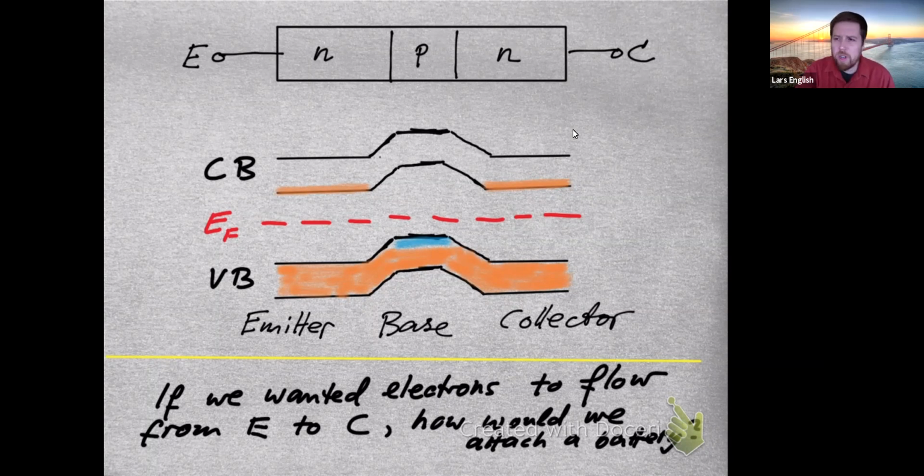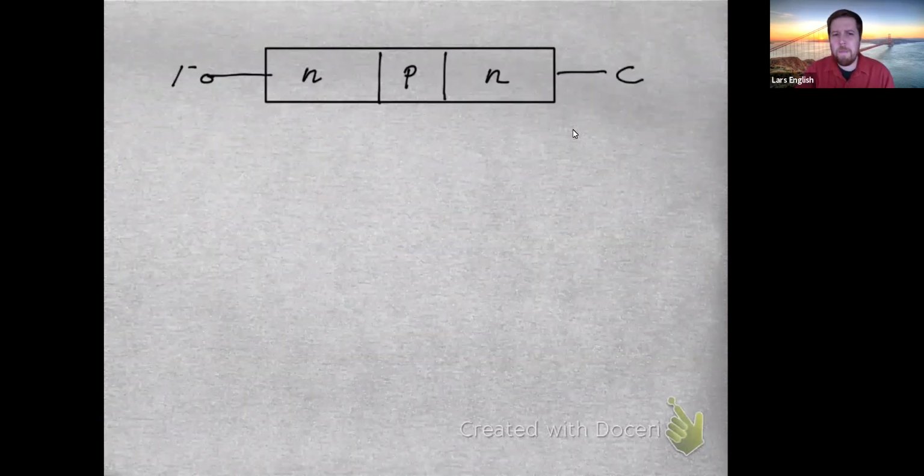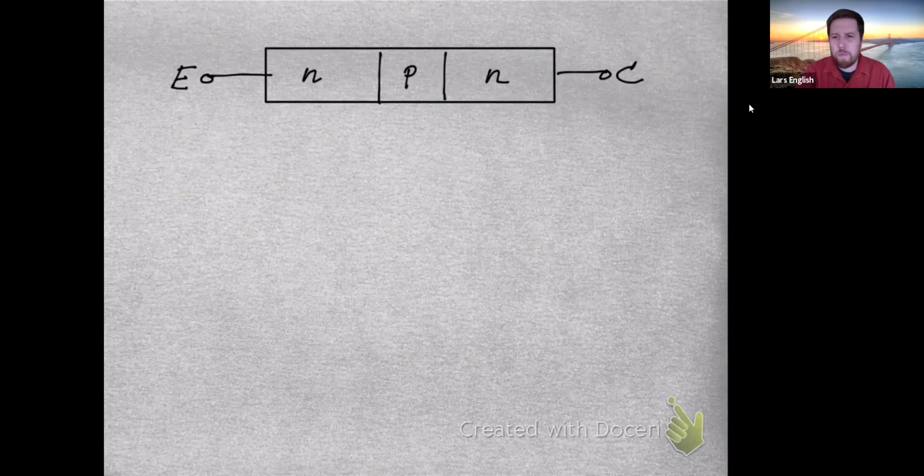So really not a trick question here. How do you hook up a battery? Well, you want to get electrons flowing from E to C. Well, it's very clear. We have to make E the negative, connected to the negative terminal of the battery, and C the positive.